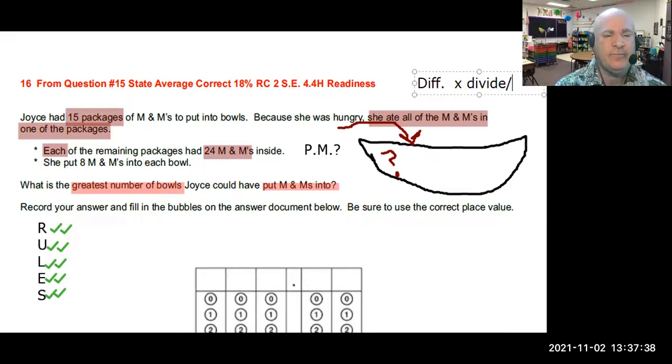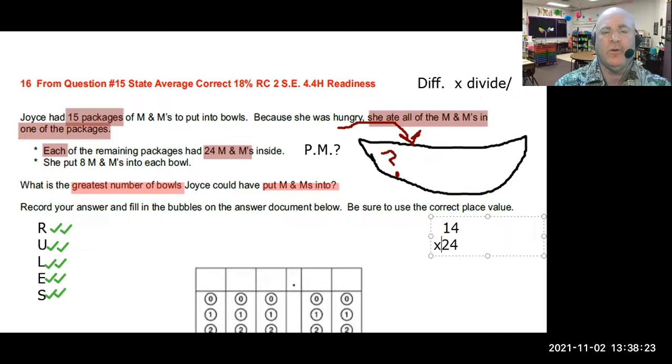Since I have 14 packages and each package has 24, then I can probably figure out that I'm going to multiply the 14 packages that I have left, and I will multiply that times 24, because that's how many M&Ms are inside each one.